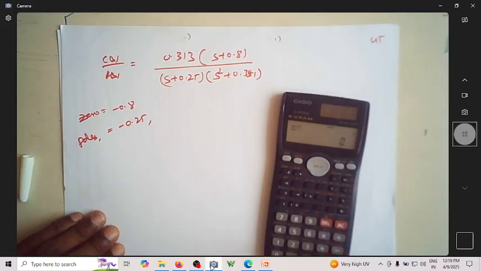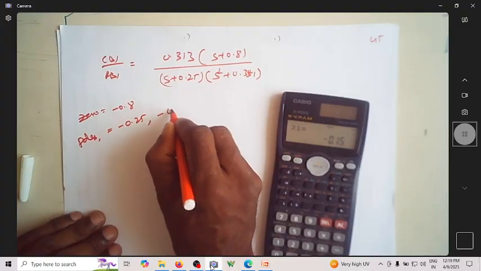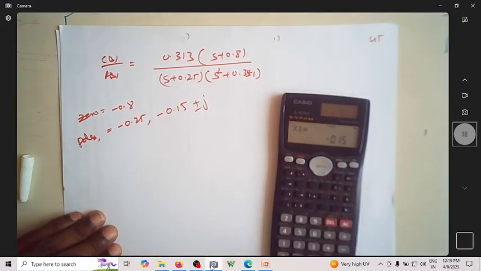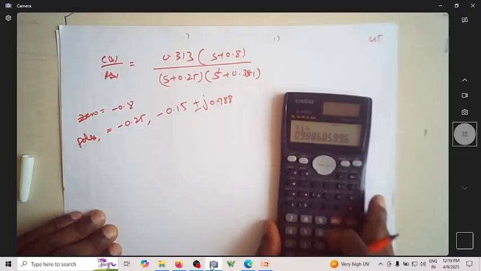A is 1, B is 0.3, and C is 1. Let me find the roots. So roots are minus 0.15 plus or minus j, it's a complex one, 0.988.